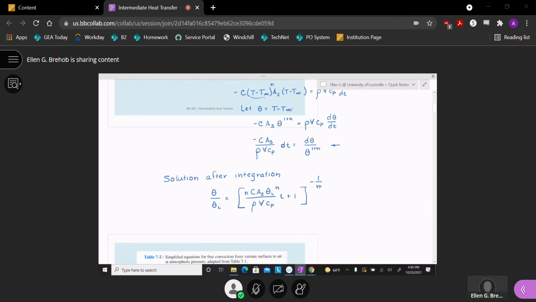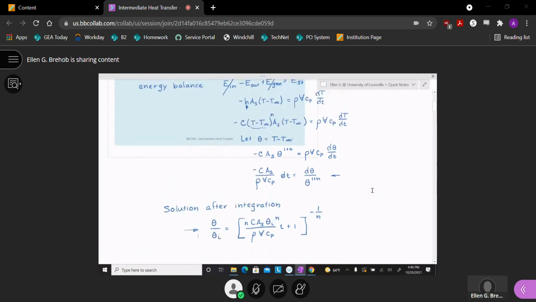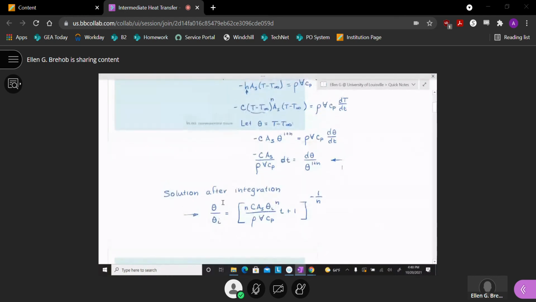I don't think it's very physically satisfying to look at that equation, but I can follow the development of this differential equation up to here. And then we have to do some rearrangement to get to this last form.